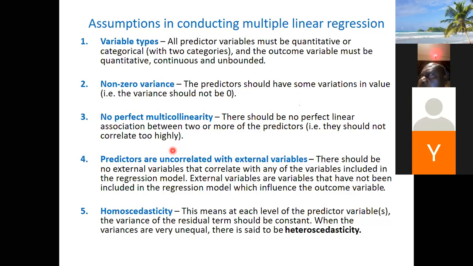So multicollinearity should not be there. Predictors are uncorrelated with external variables. This one is a difficult one, because that's what usually happens if somebody did not do an extensive literature review and has not included the factors they're supposed to include.